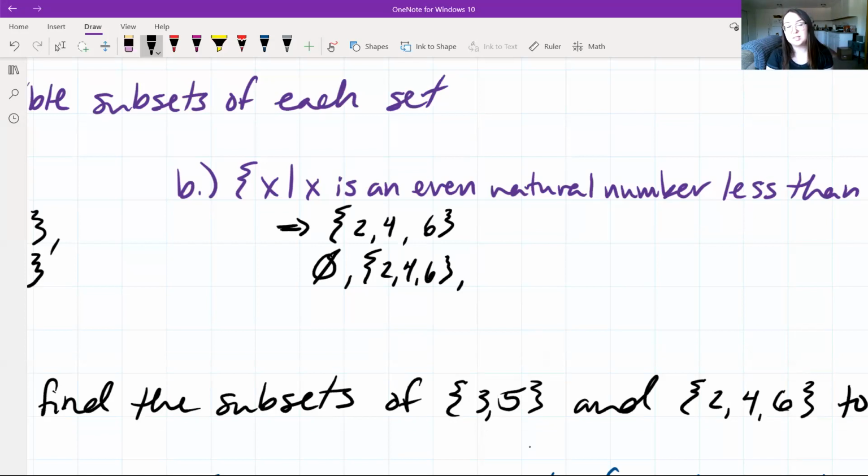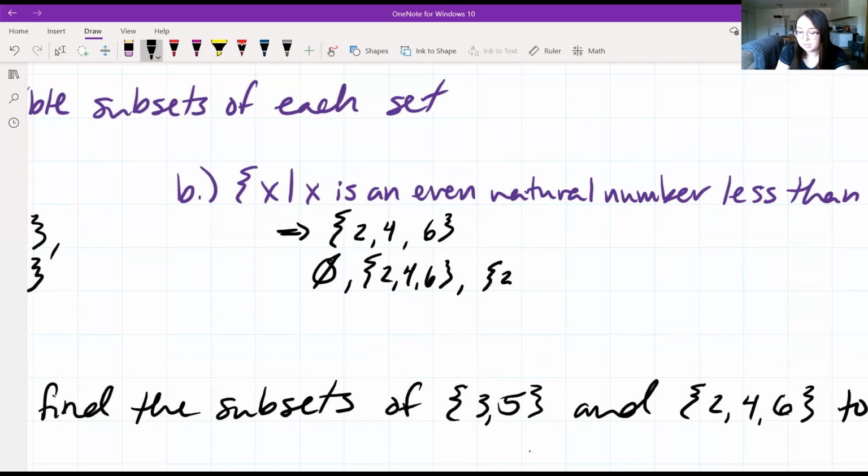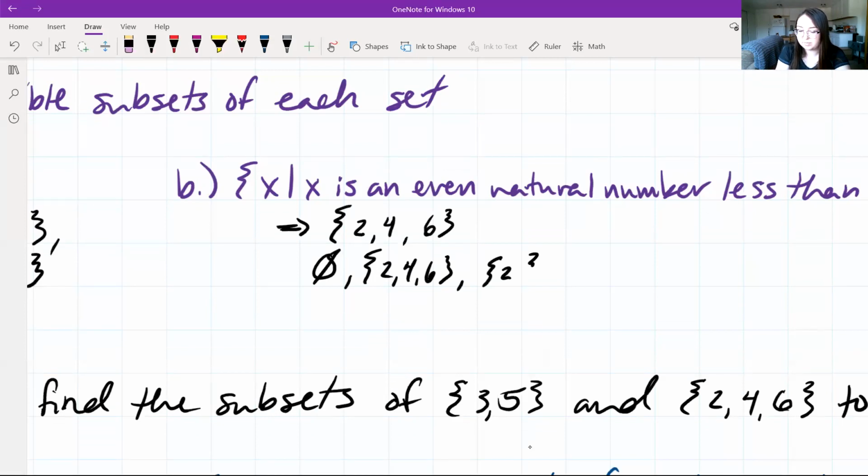So 2 would be a subset, 4 would be a subset, and 6 would be a subset since they're all contained in the set. So we say 2, 4, and 6. Now since there's 3, we know that combinations of 2 will also be in the set.